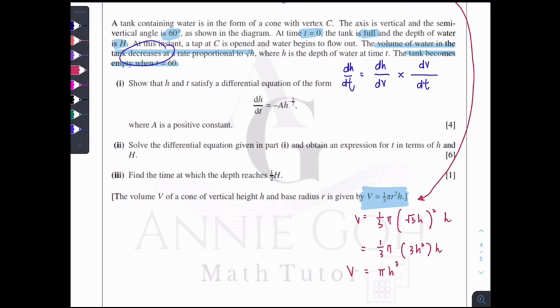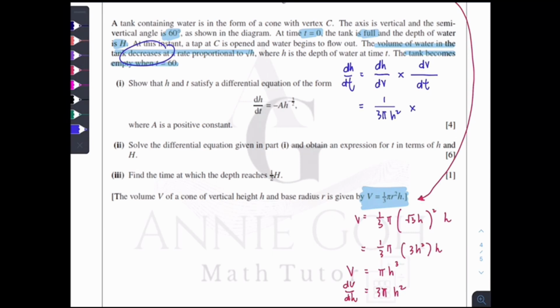Now this V is in terms of h only, and hence we can find dV/dh, which is equal to 3 pi h squared. This is for us to sub into here, dh/dV. But what we are having now is dV/dh. So dh/dV should be equal to 1 over 3 pi h squared.